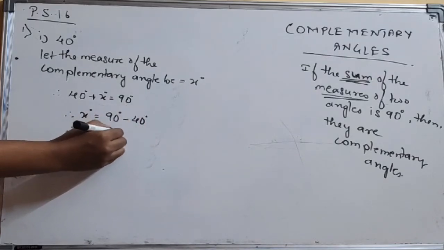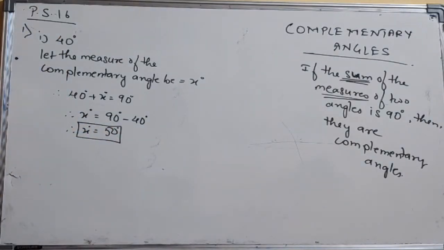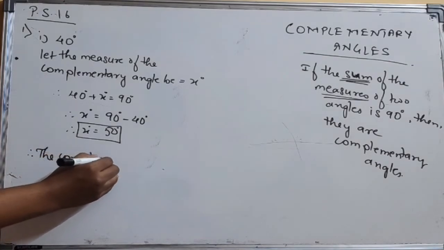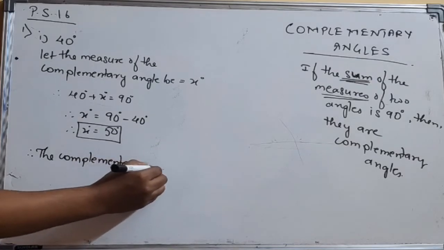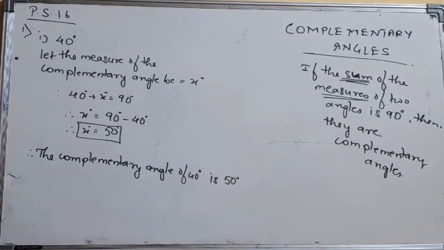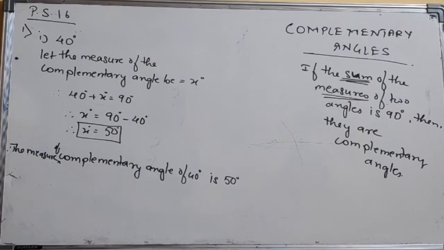Therefore, x is equal to 50 degrees. So the last answer will be: the measure of the complementary angle of 40 degrees is 50 degrees.